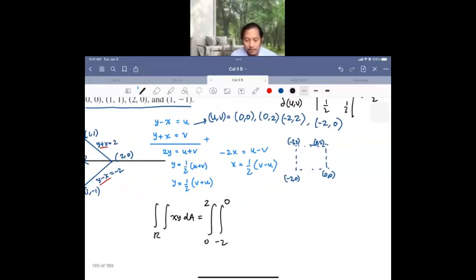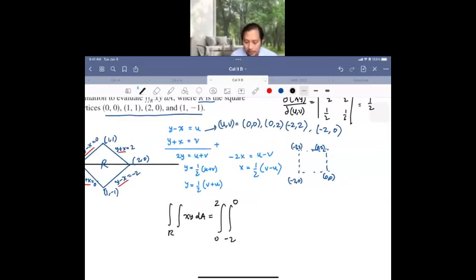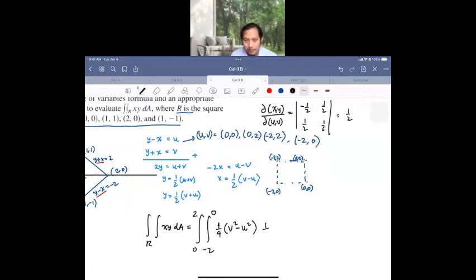The integrand is 1 over 4 (v squared minus u squared), and then the Jacobian is half, du dv.